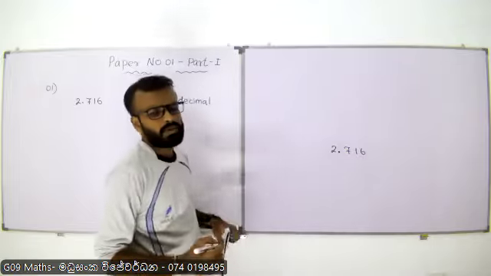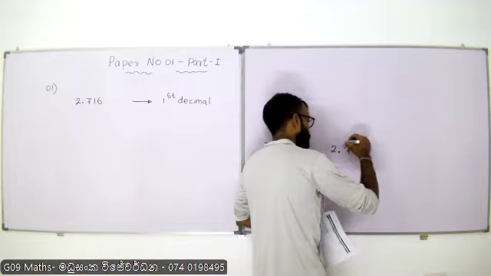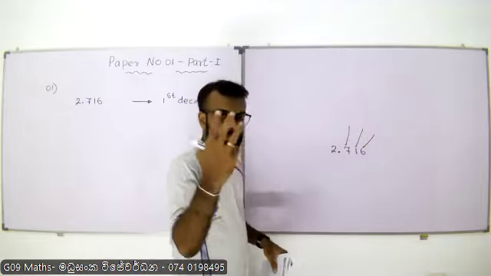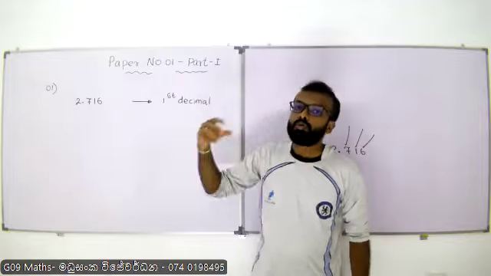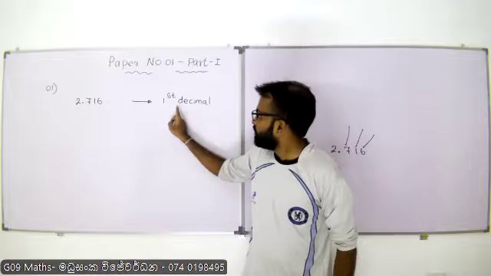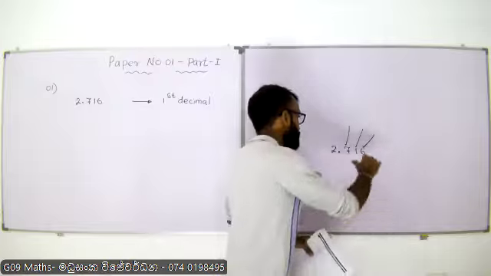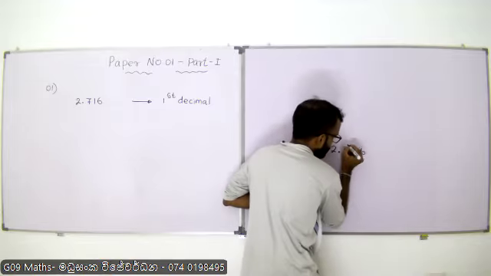So now you know in 2.716, how many decimal places are there? Three, this one, this one, this one. Three decimal places. What is the decimal place that you need to round it for? First decimal place. So you need to round it for this part.